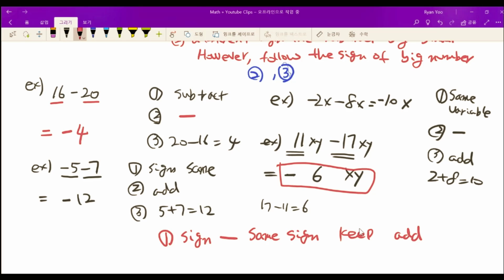When the signs are different, then you're going to subtract, and you're not going to keep the sign this time. You're going to follow the sign of the bigger number.